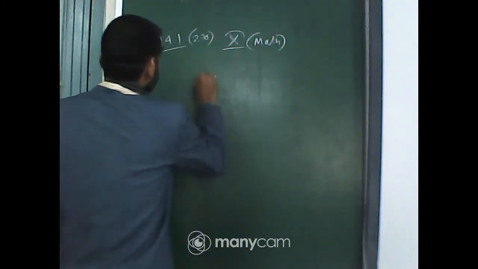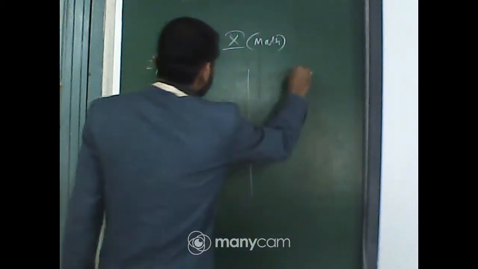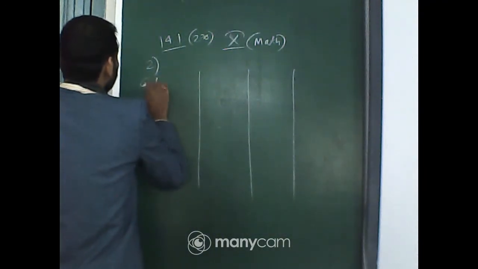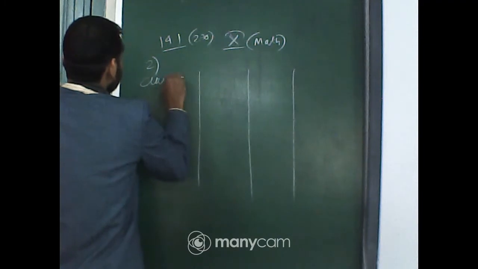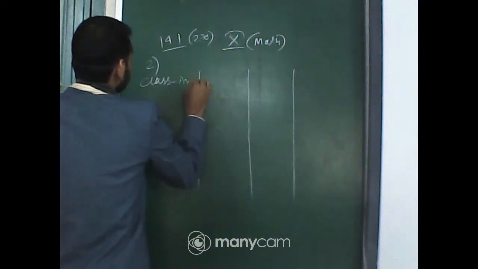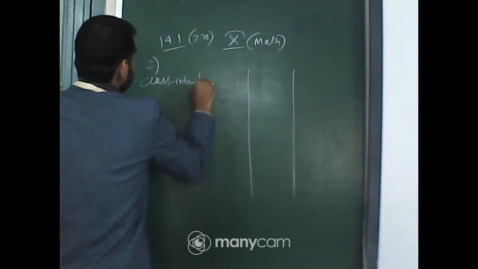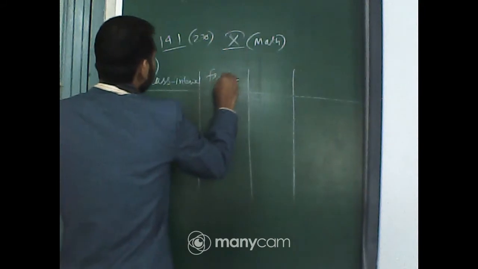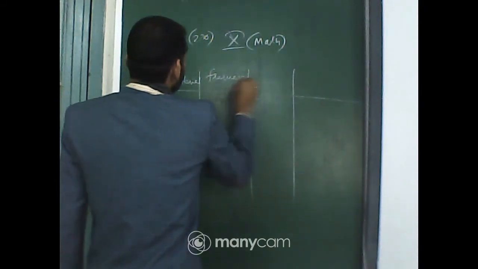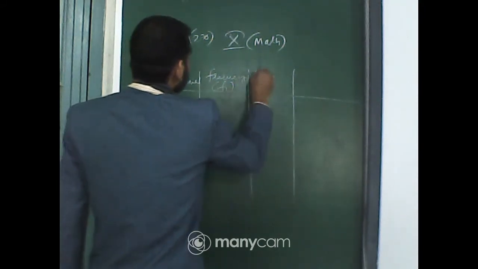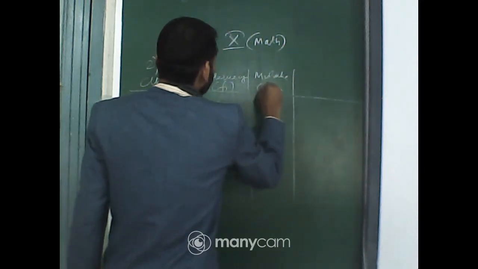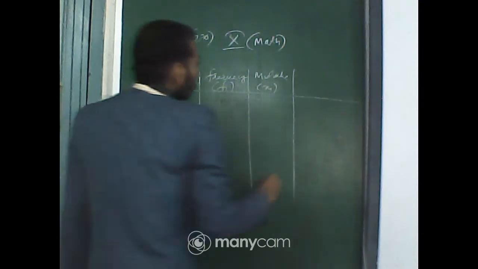So first one, that is class interval. Then the frequencies Fi, then the mid value, that is xi.